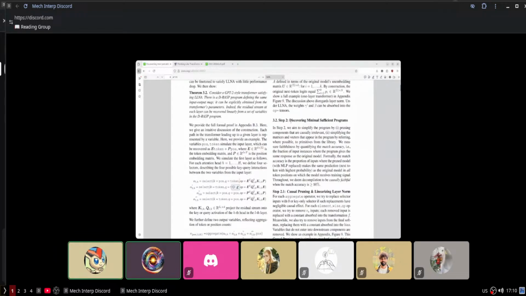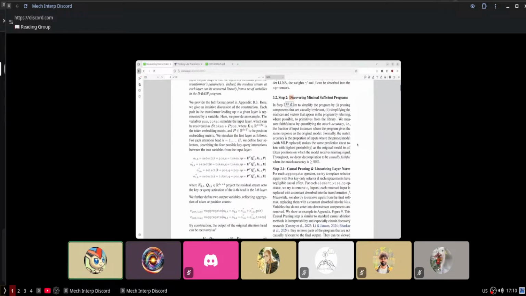I think the idea is they do pruning after and try to do a kind of circuit search. It could be the case that doing this is a better way of doing circuit analysis or circuit ablation, the same way that maybe doing sparse encoders is better than doing it with neurons as the things you ablate, but I don't know. We'll see what they actually do.